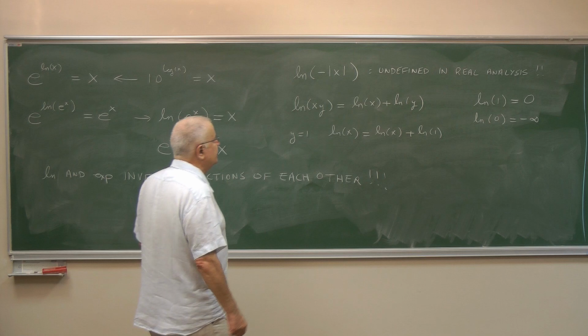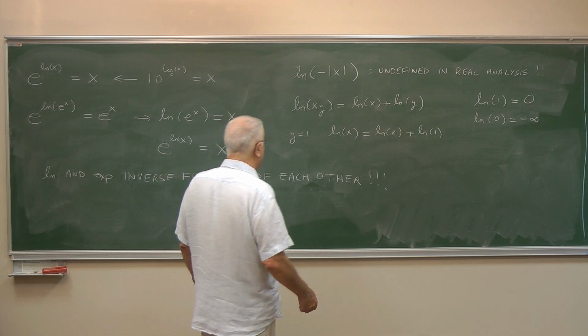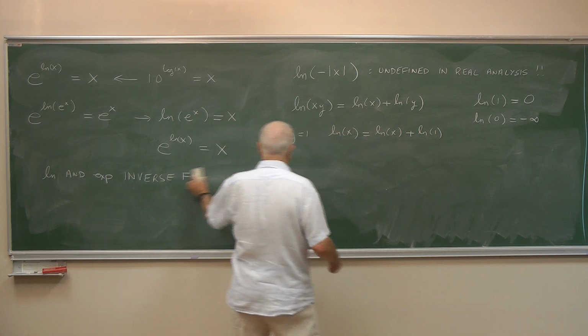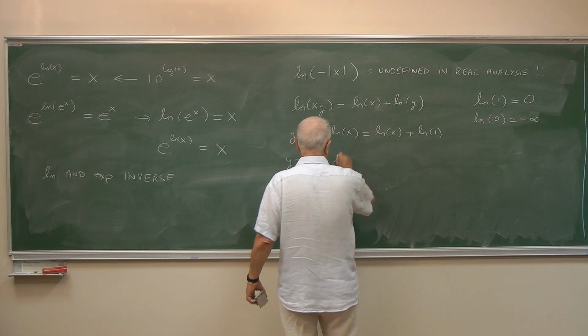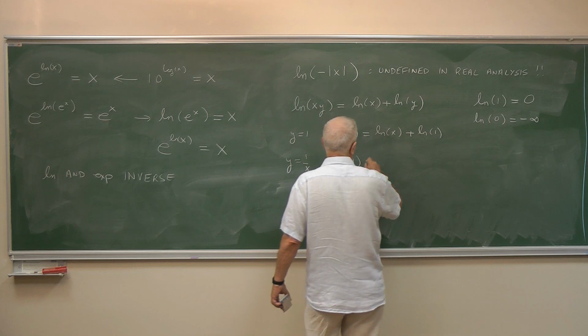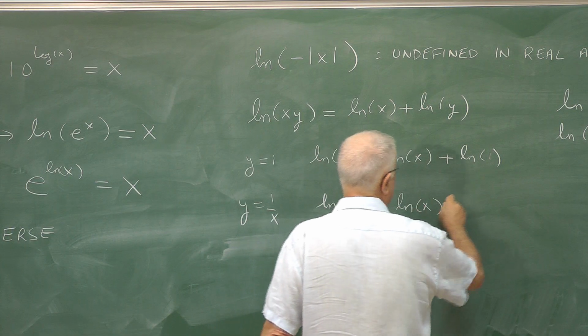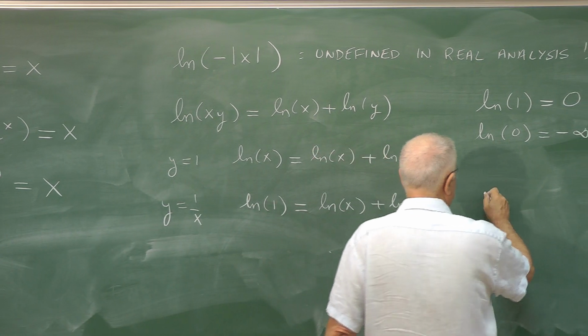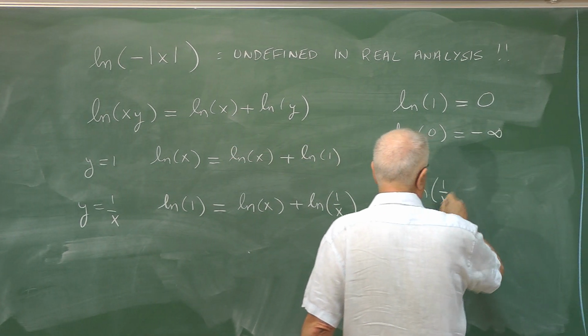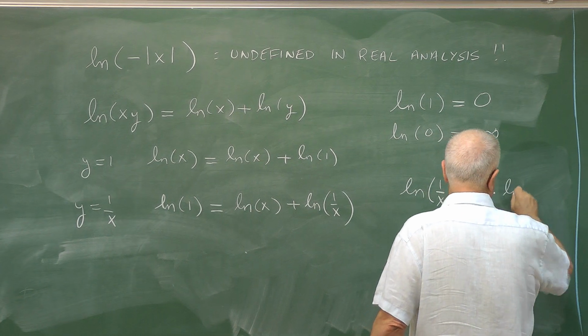Another case is y equals 1 over x. So ln 1 equals ln x plus ln 1 over x, which tells me that ln 1 over x is minus ln x.